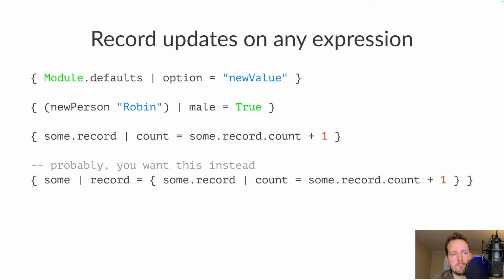But actually, in Gren, first we evaluate sum.record, which returns the record pointed at by sum.record, and then we update that.